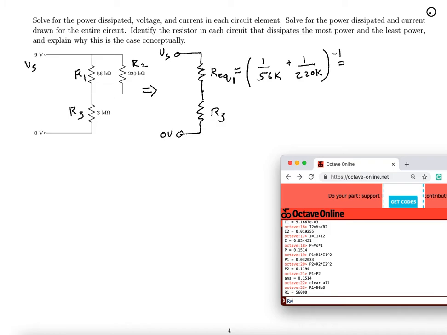R2 is 220E3 or 220 kilo ohms. R3 equals 3E6 or 3 mega ohms.